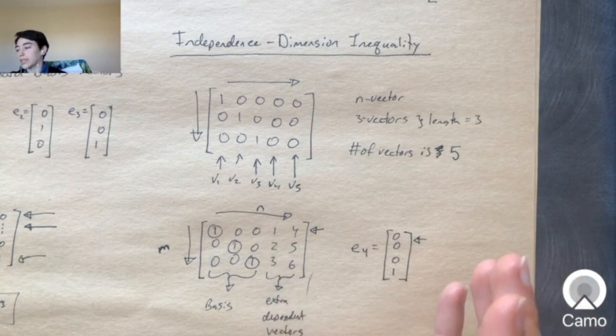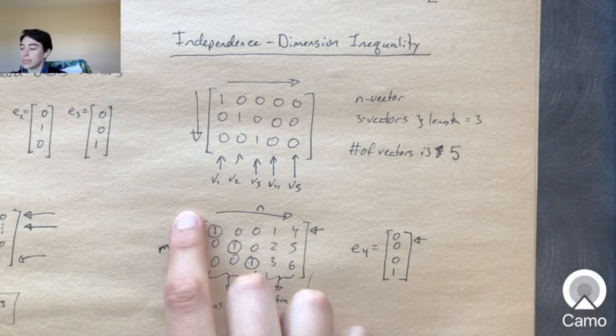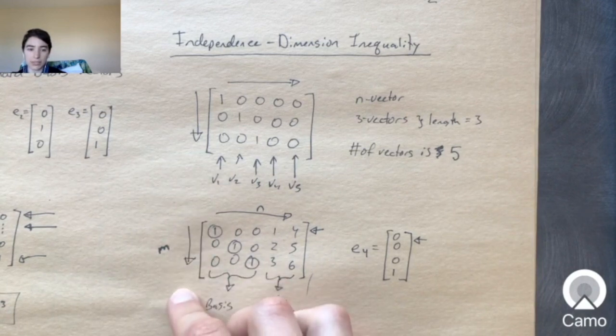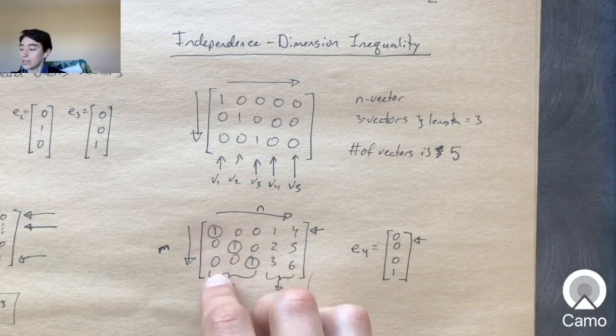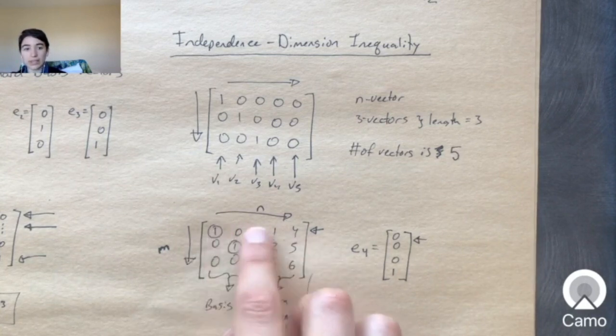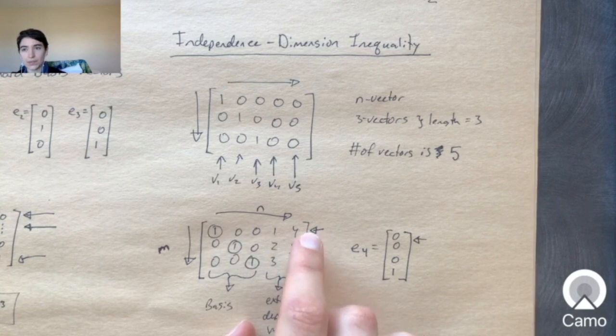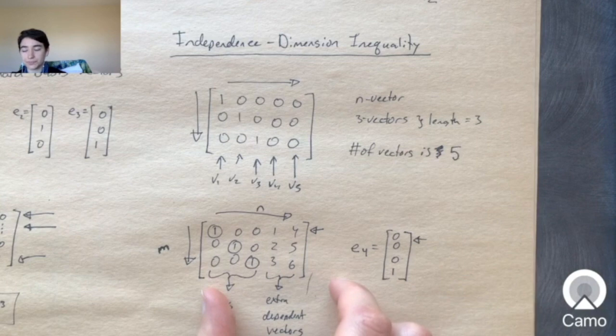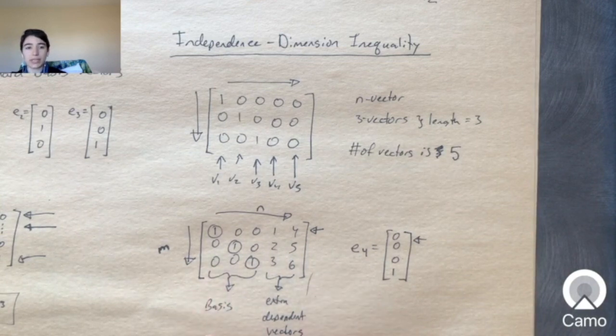So if that is true, then we know any time that the length of the column of a matrix is shorter than the width of the matrix, the width of the set of vectors, we know that this must be a dependent set, because this is the case where we would have the maximal number of basis vectors.